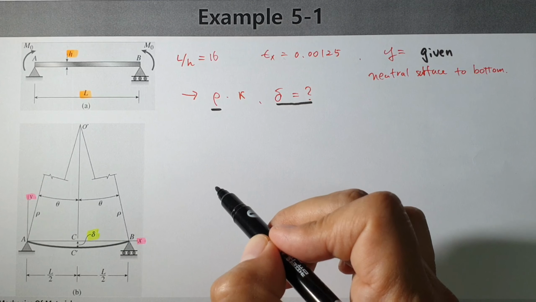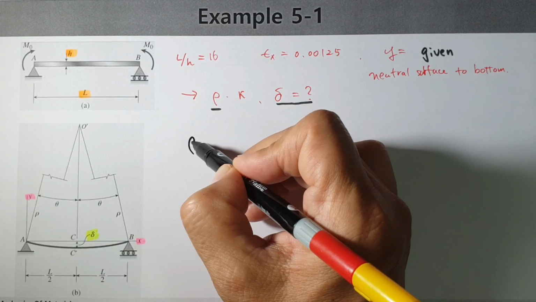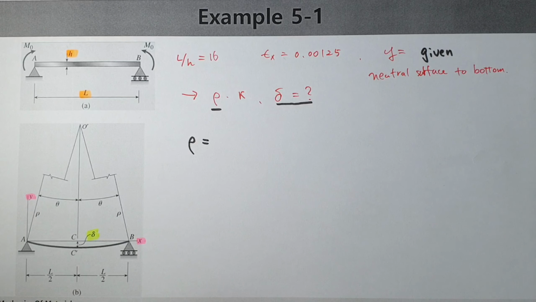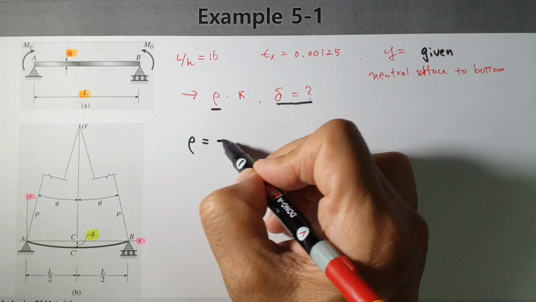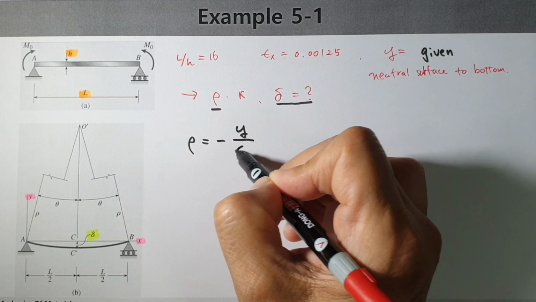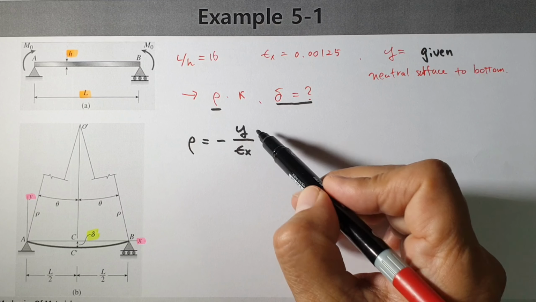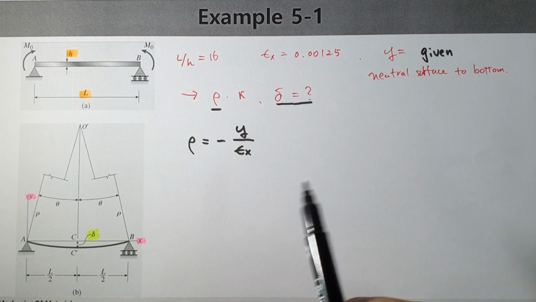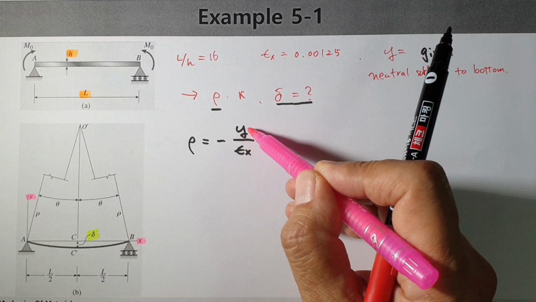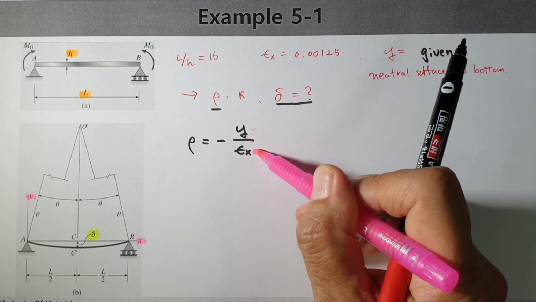The radius of curvature rho equals minus y over epsilon x. We can apply this formula. Y is given and epsilon is given.